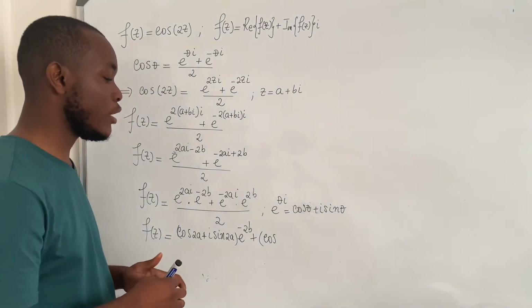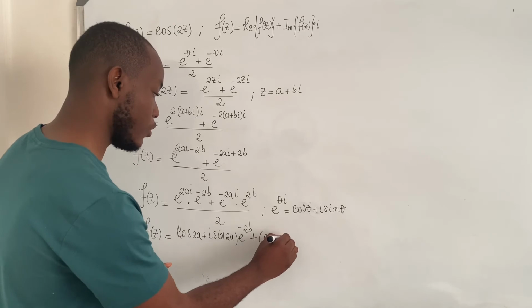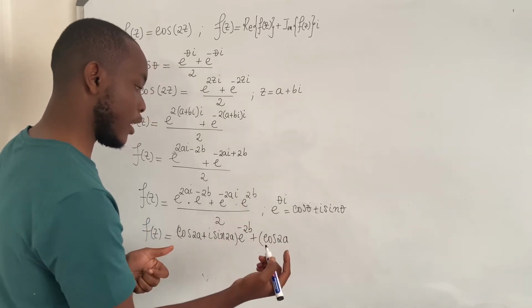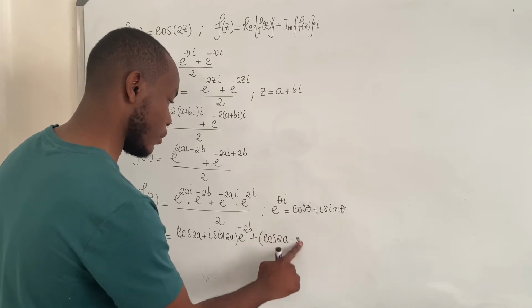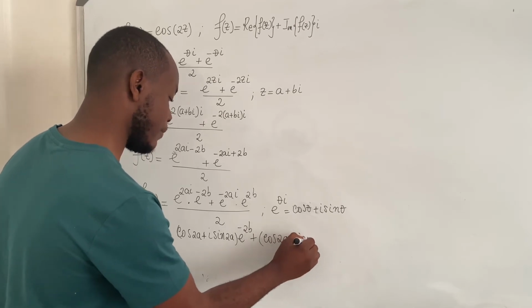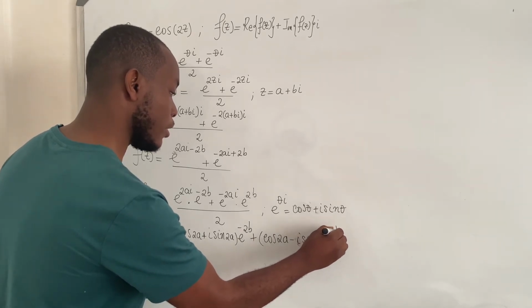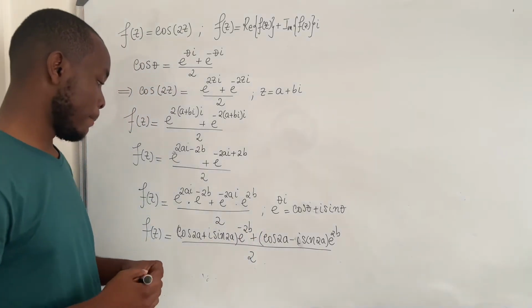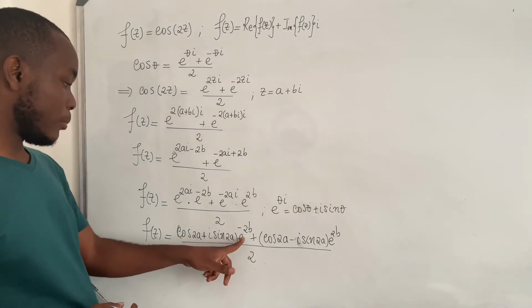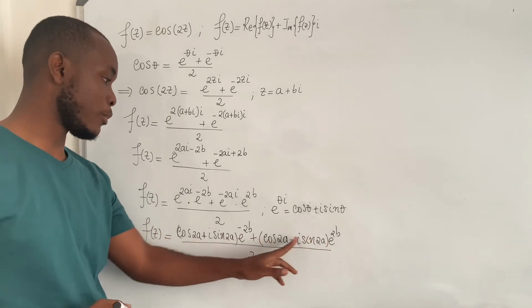Since cos is an even function, cos of minus 2a is the same as cos of 2a, but sine is an odd function, so it's going to be minus i sine of 2a, times e to the power 2b, over 2. Now we can multiply this expression with those two, and this expression with those two expressions.